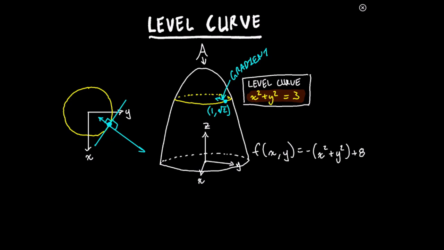Now, how do we find the gradient function? Well, we covered this in a previous video where we worked through some examples, but the gradient of f, overall for any x y point, is going to be the partial derivative of f with respect to x, and the y component is going to be the partial derivative of f with respect to y.